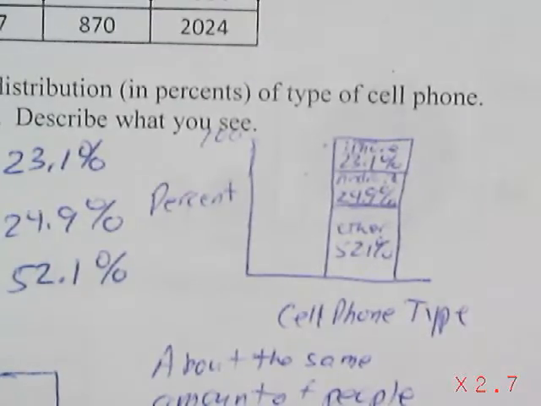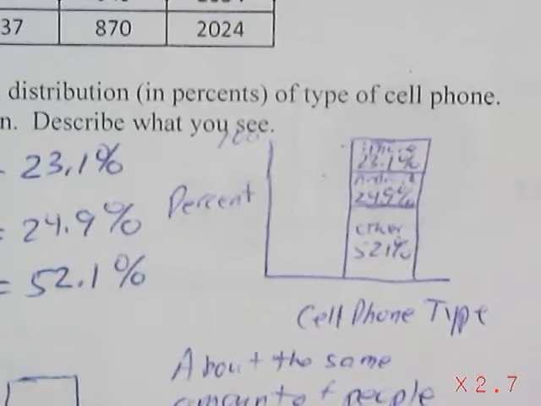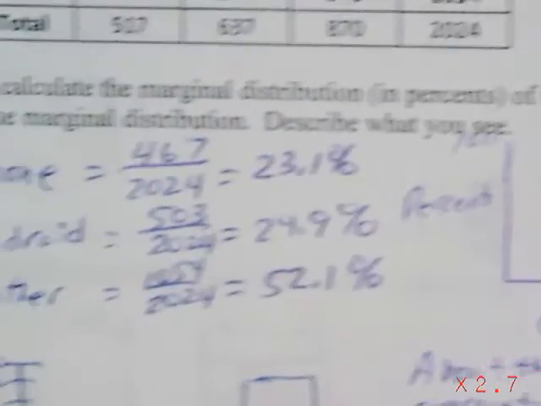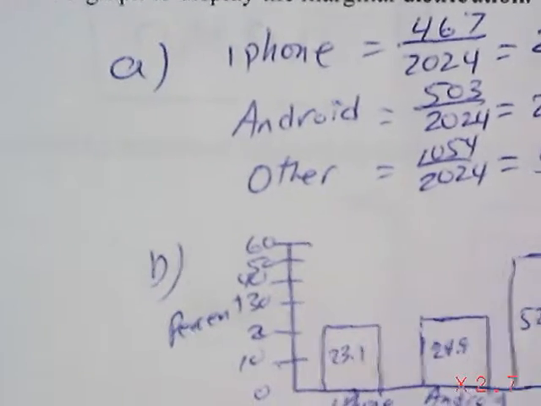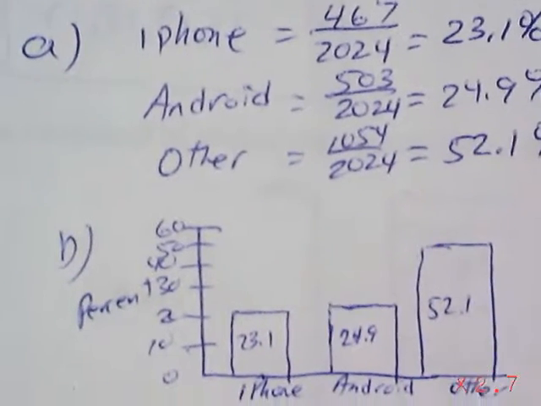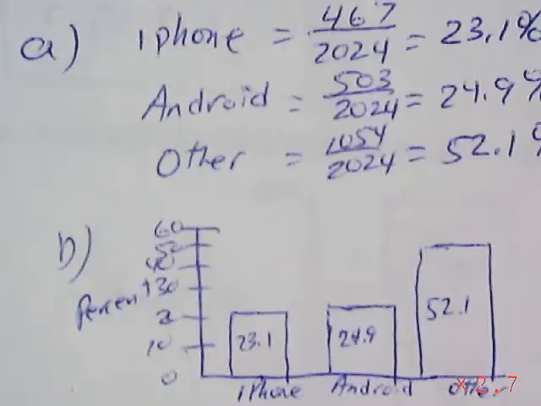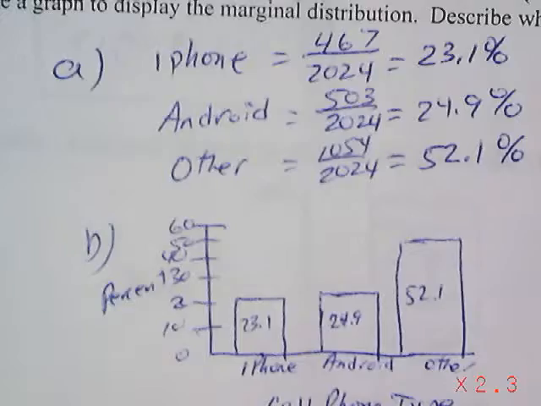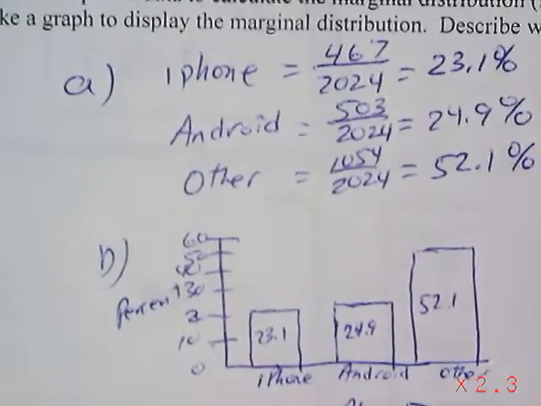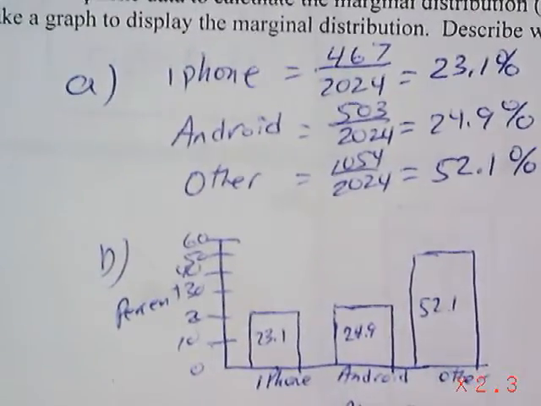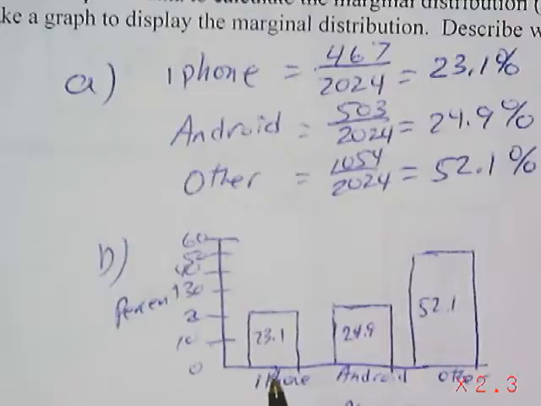There's a separate conditional distribution for each value of the other variable. I'm going to go back to the other page, and we'll come back here in a minute. I could do the conditional distribution of type of cell phone for 18 to 34 by themselves and see how they shake out. What percents did they have? Did they have the same distribution as overall, or were they different?